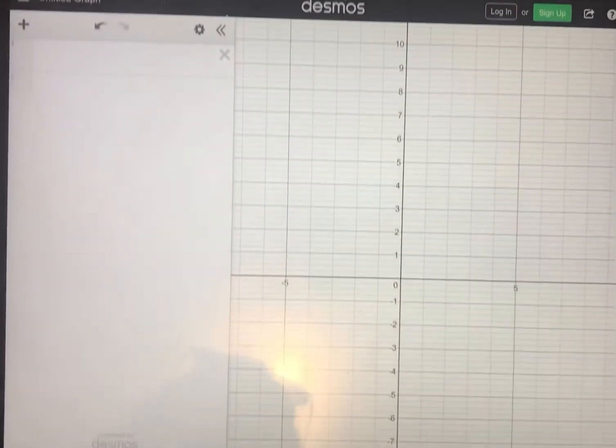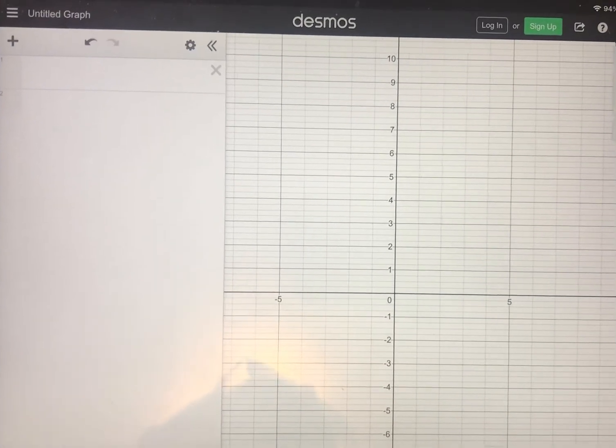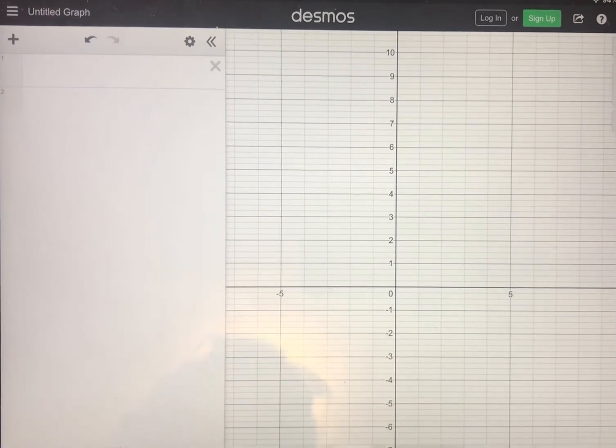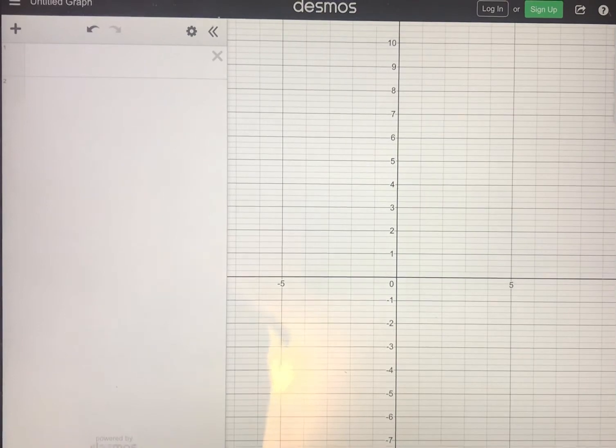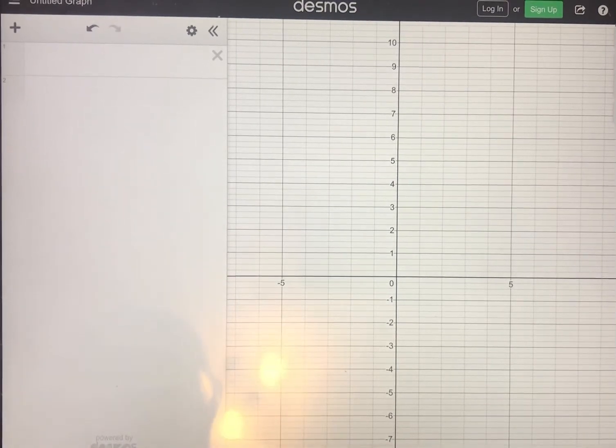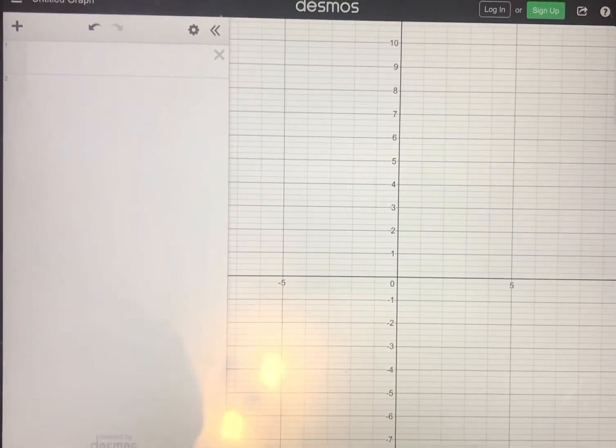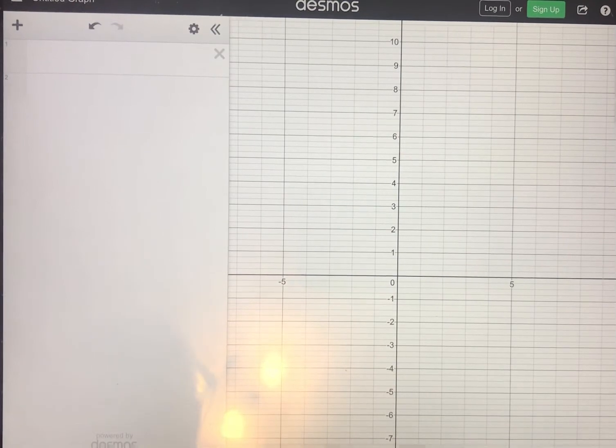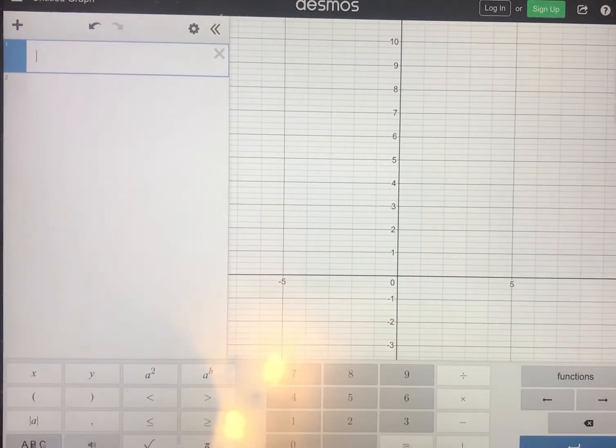Let's take a look at that using Desmos and how it works. Okay, I get Desmos in here and hopefully get it straightened out. Okay, so what we want to do here is create our x and y's as a point.